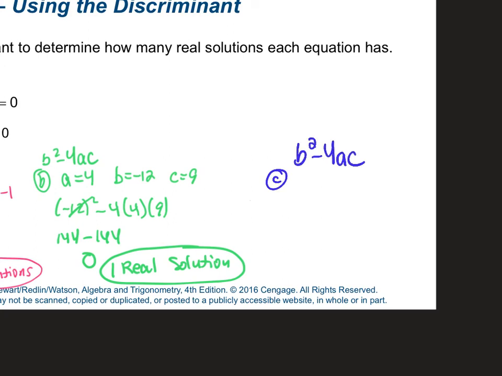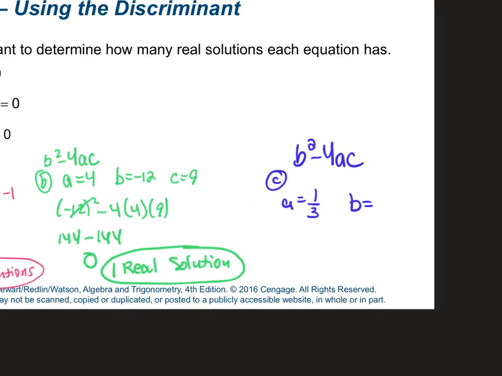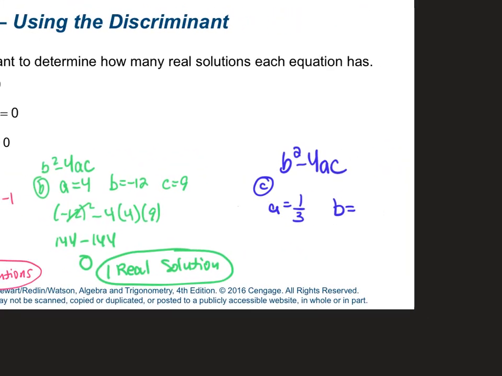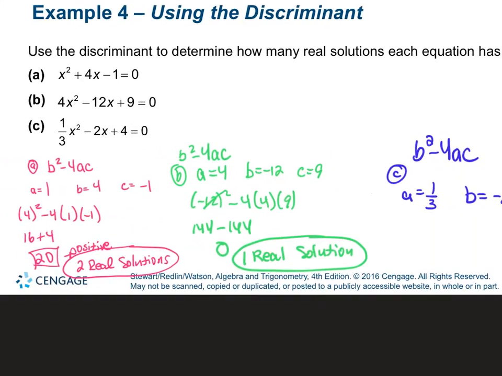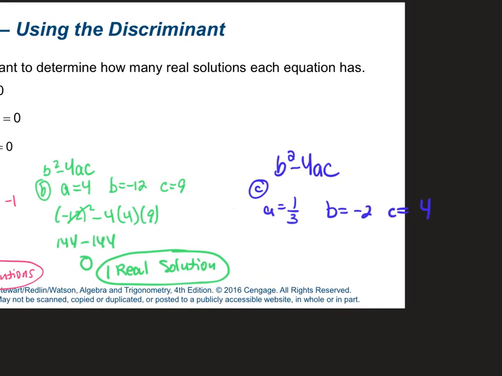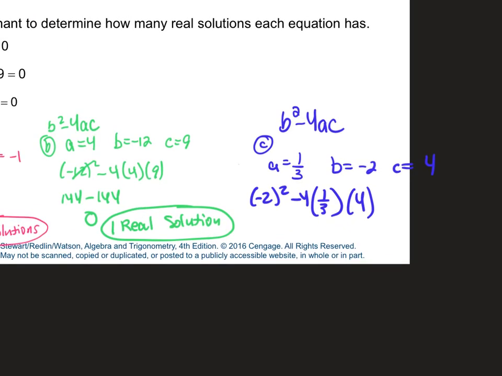B squared minus 4ac, that's my discriminant. So A is 1/3, B is negative 2, and C is 4, positive 4. So I have negative 2 squared minus 4 times 1/3 times 4. Okay, it's a fraction. No reason to be upset about it. Negative 2 squared is 4, right?